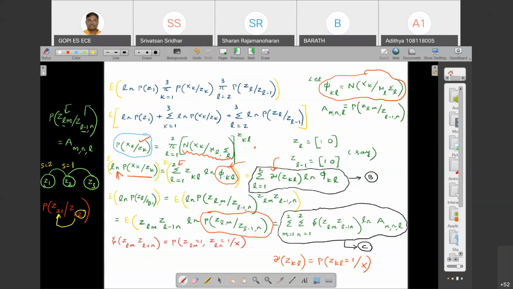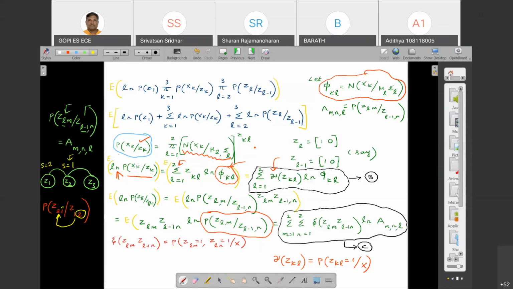So this one, of course, is generating x1, that is fine. This latent variable z1 is actually taking the state 2, that is the meaning of z1,2 in this case. And z2,1 means it is actually moving from 1 to 2. So z2 is actually the movement, but which is actually in the state 1, right?